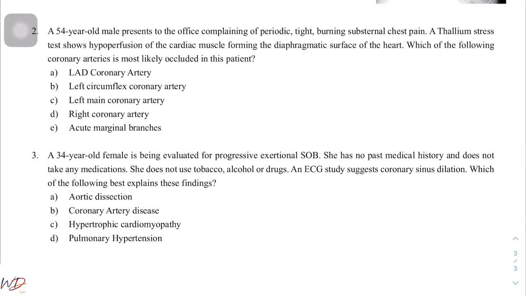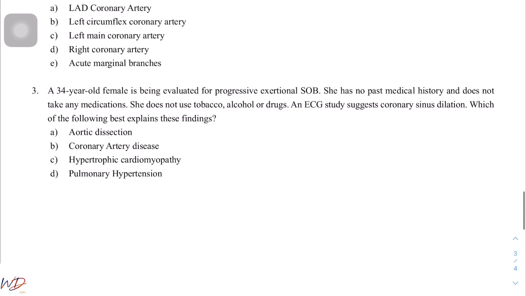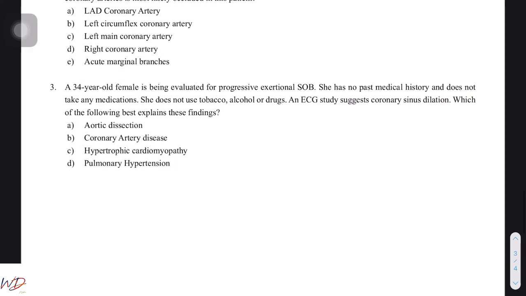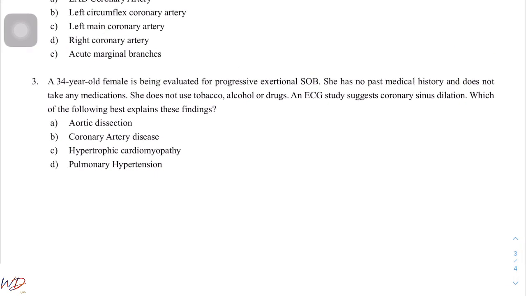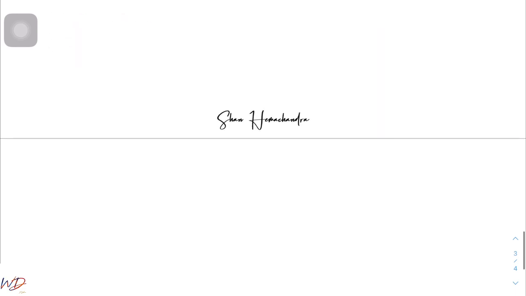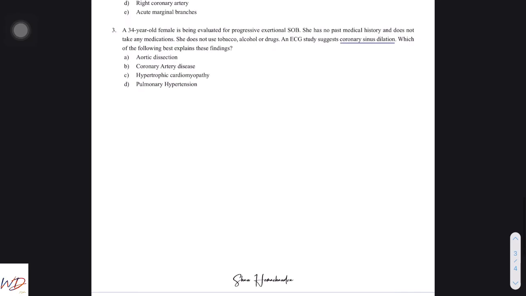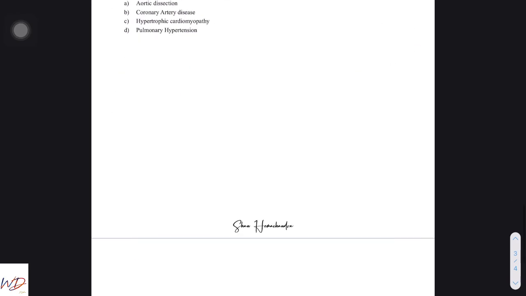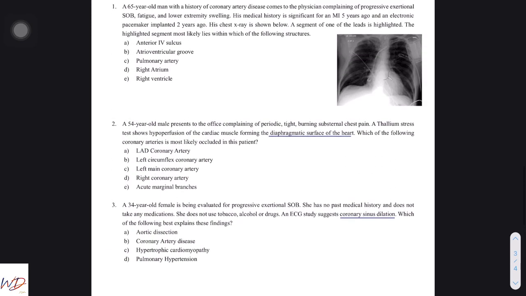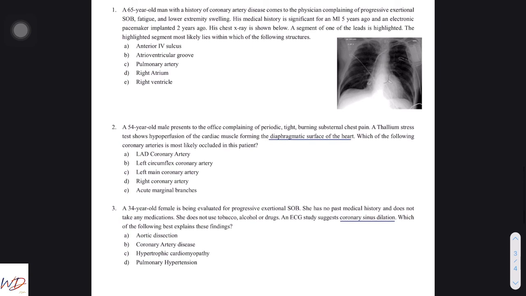For the second one, this is the main thing. Answer this. And the third one is again about the coronary sinus. So I will count to 5 and give the answers. Pause the video before you go to the next section.